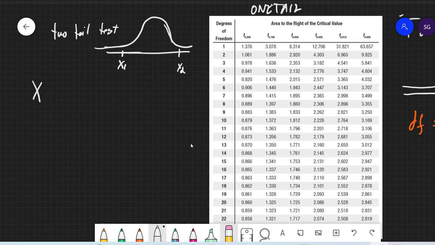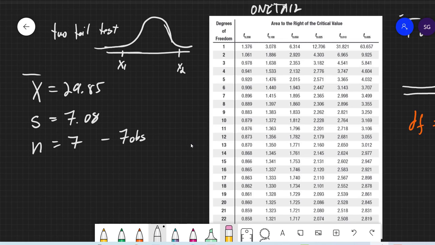And the data that I have, and I'm grabbing this from an example that I know, is x bar equal to 29.85, and s is equal to 7.08, and n is equal to 7, which means we have 7 observations, right? We have 7 observations, obviously less than 30. And we're going to use an alpha of 0.05, okay?